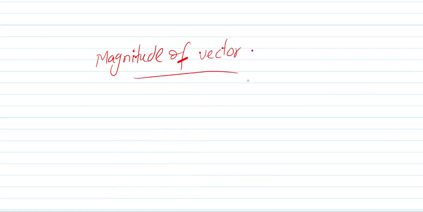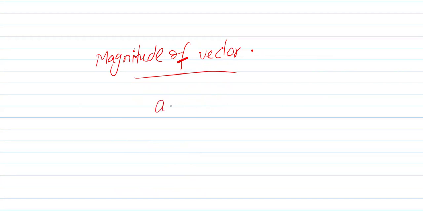Today, the first thing that we have to take is the magnitude of the vector. Because we know vectors are those quantities which need direction and magnitude. So how do we find the magnitude of a vector when it is given in the column vector form?